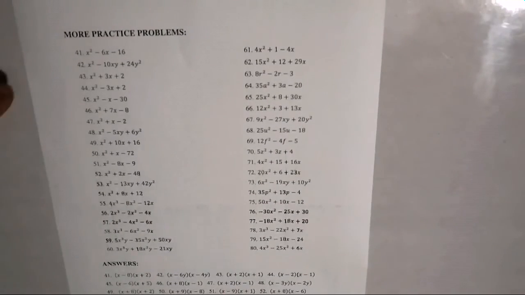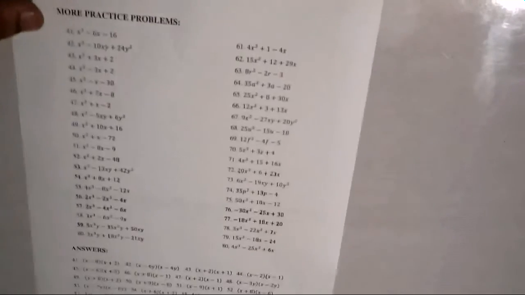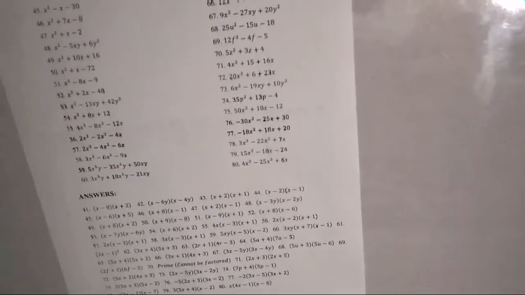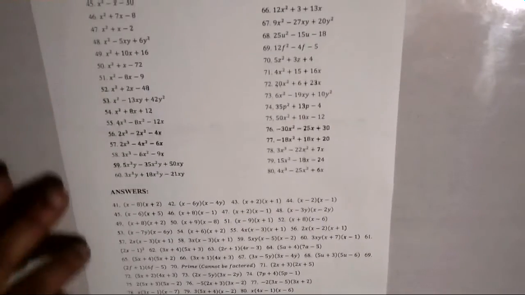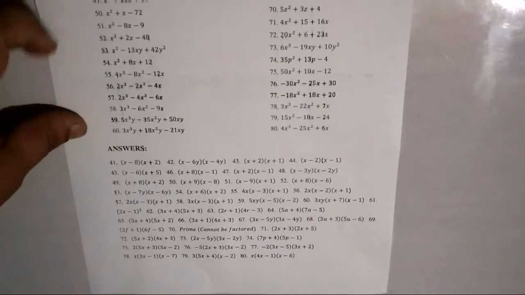So let us see the second sheet. That is the sheet having questions from 41 to 80. You can solve these, and then these are the answers. Now let us see the next one.